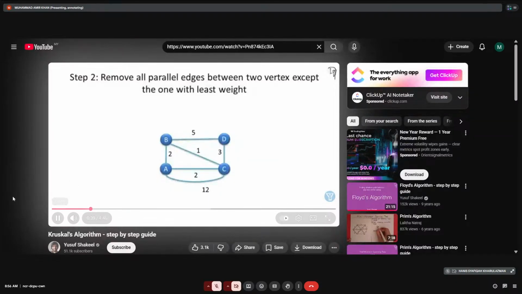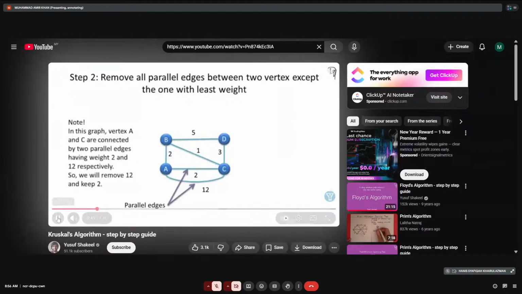Vertices A and C are connected by two parallel edges with weights 2 and 12 respectively. So we will remove 12 and keep 2.